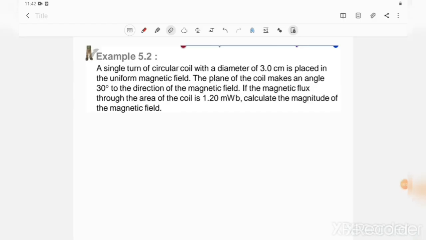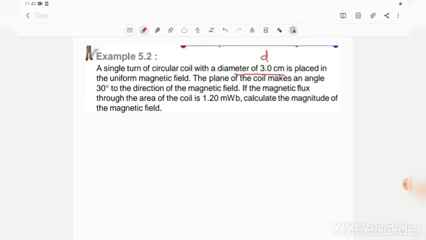Example 5.2. A single turn of a circular coil with diameter 3 cm is placed in a uniform magnetic field. The plane of the coil makes an angle of 30 degrees to the direction of the magnetic field. If the magnetic flux through the area of the coil is 1.20 milliweber, calculate the magnitude of the magnetic field.